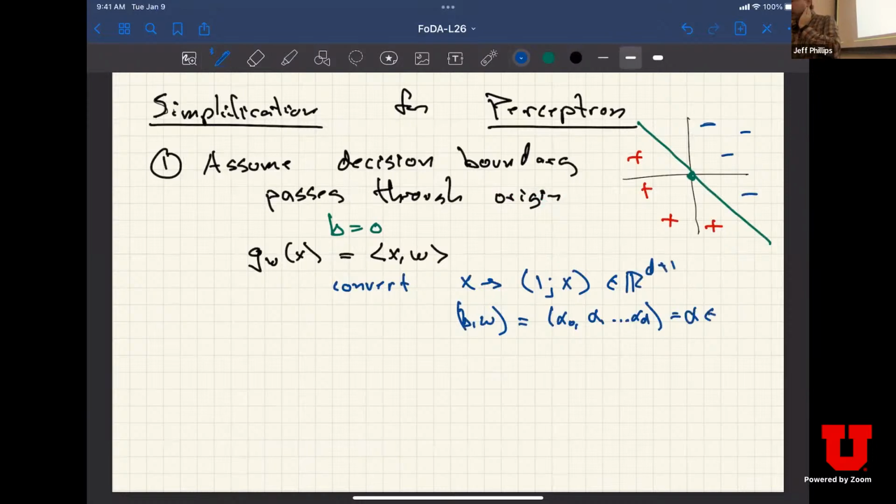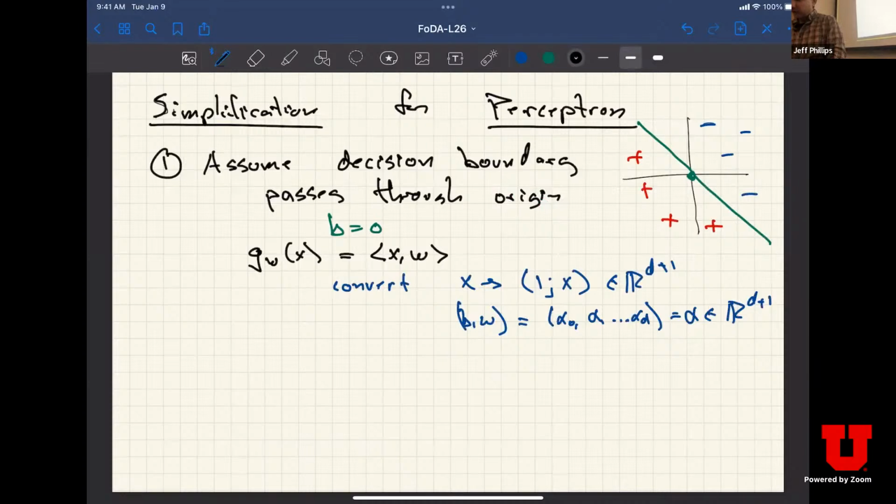This is D plus 1, and this alpha is also in R^(D+1). So now if I just learn this alpha parameter, this D plus 1 dimensional vector, like we did with linear regression, it's now just a dot product.